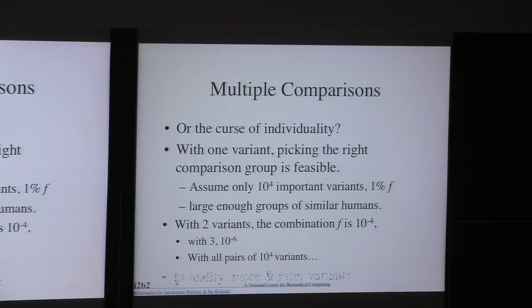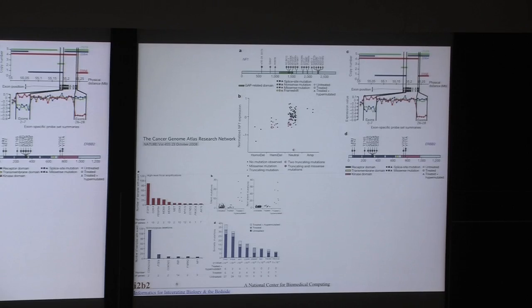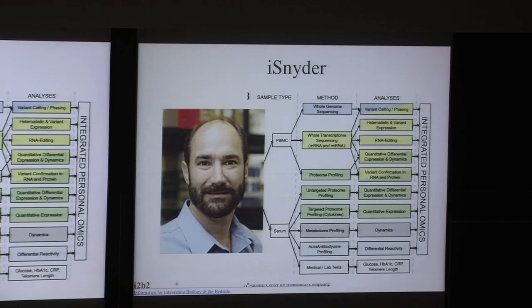So what are we going to do? When you run out of people, you're going to have to start going back to basic physiology and study the interaction across multiple modalities, as the Cancer Genome Atlas Project does. And I think the best example of this is iSnyder, which is looking over time at physiology and various proxies of physiology across multiple modalities, as a discovery process, not as a clinical delivery process.